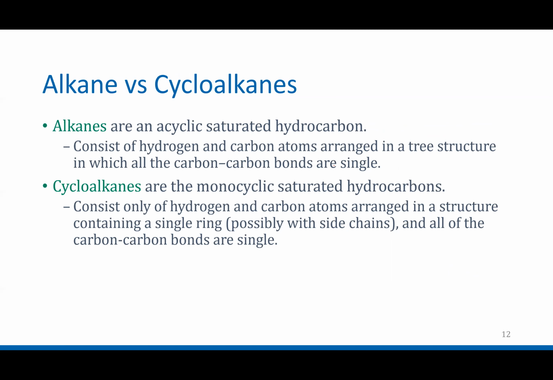The word explains itself, cyclo as in a ring. Acyclic means no ring. Remember I was talking about that word the other day. If you say atypical, it means it's not typical. Acyclic, not cyclic. All of the bonds in all of these are single.